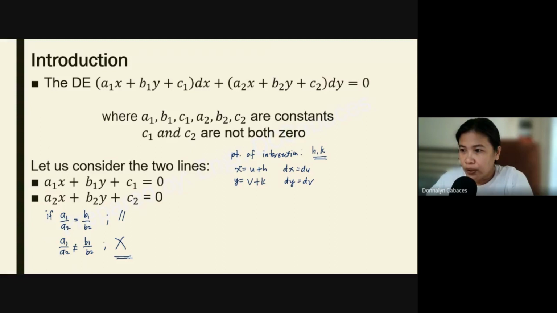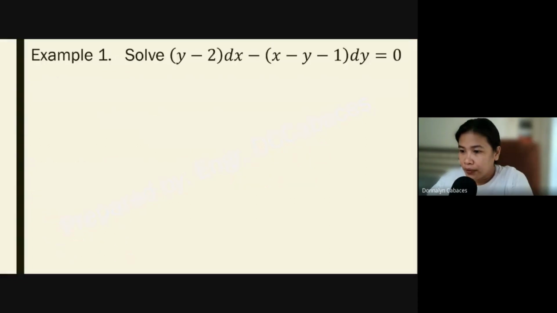So let me give you the first example for coefficient linear in two variables for intersecting lines in particular. (y - 2) dx - (x - y - 1) dy = 0. So what are the two equations of the lines here?